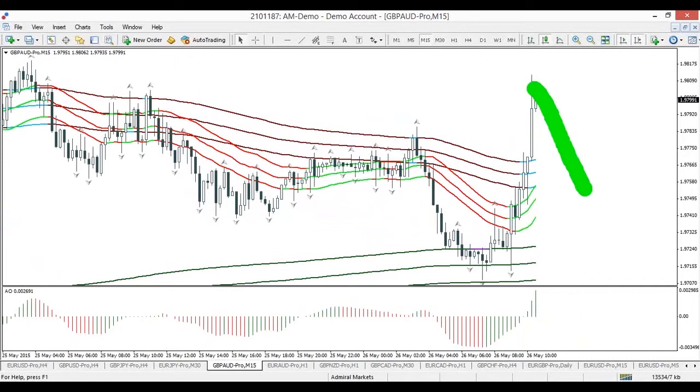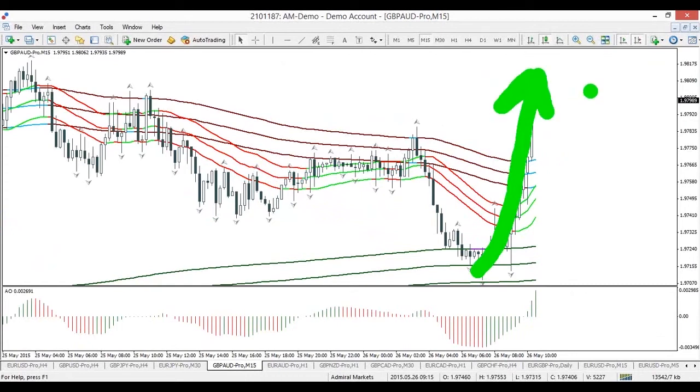And the same as the pound yen, basically wait for pullback. This is a break, pullback, continue. Typically, when you have so much momentum pushing price out of the moving averages, kind of piercing through those moving averages, often because this is the first kind of punch, you will get a retracement, and typically you will get a follow through if the momentum is strong.